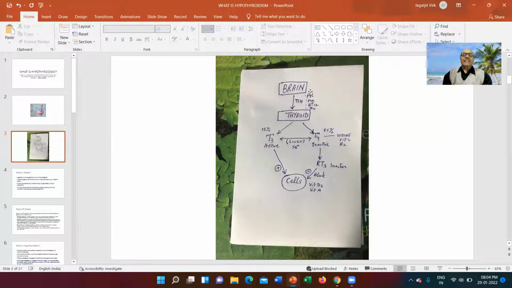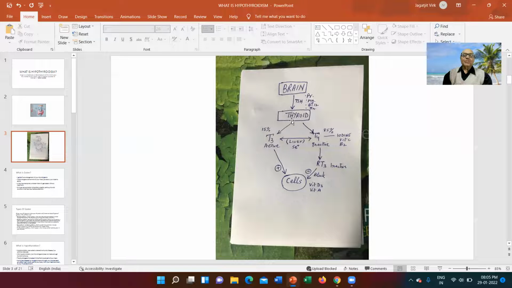If these elements are not present in our body, we will not get this TSH. What are those? Protein, magnesium, B12, and zinc. These are essential for TSH production, and it affects the thyroid gland.